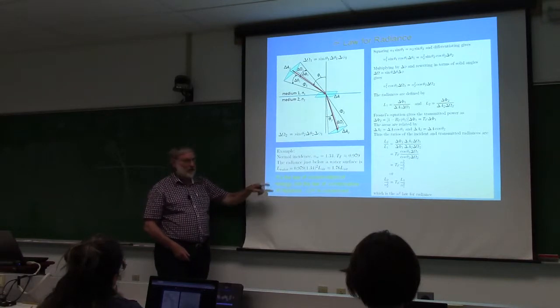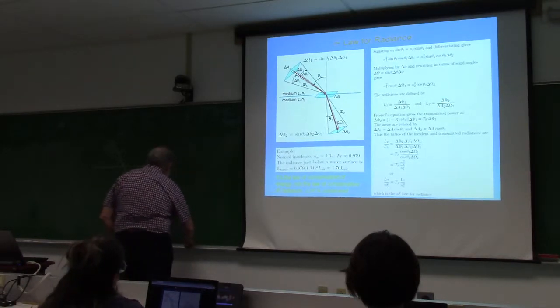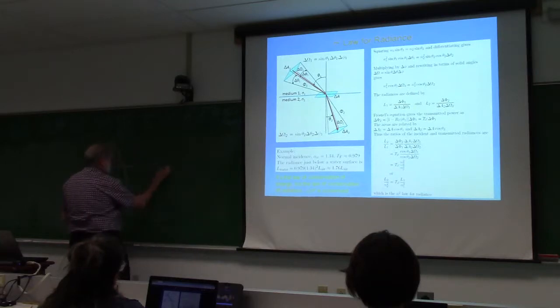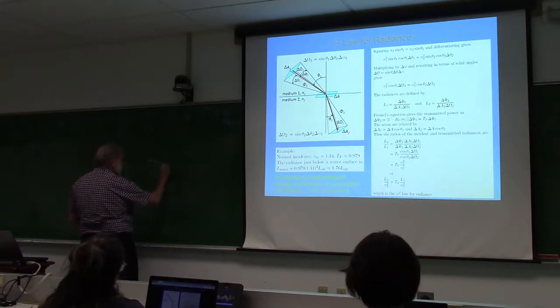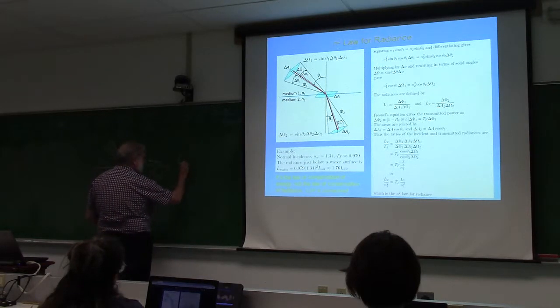And what's actually conserved for radiance as you go across a surface is what's called the reduced radiance. So L in the air over n squared in the air is equal to L in the water over n squared of the water.